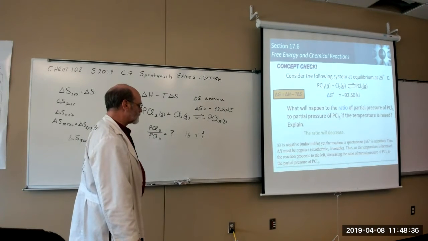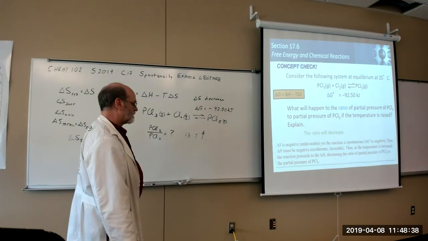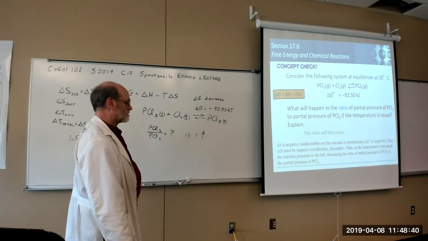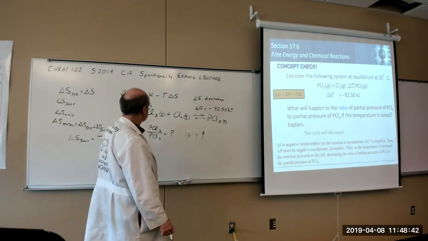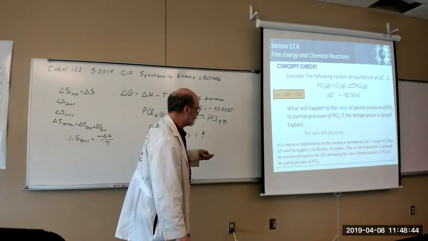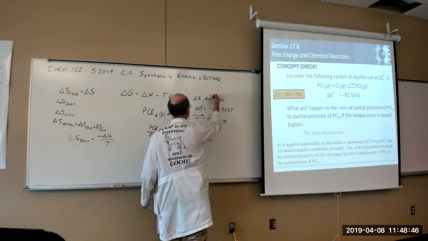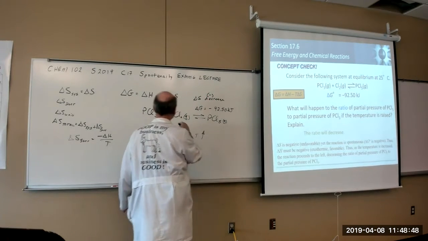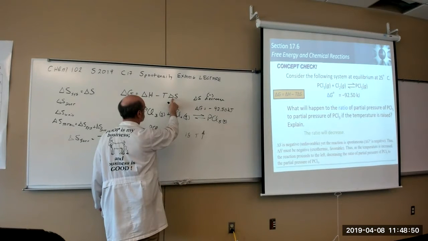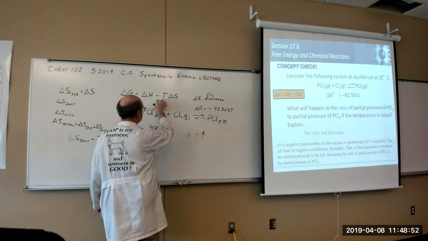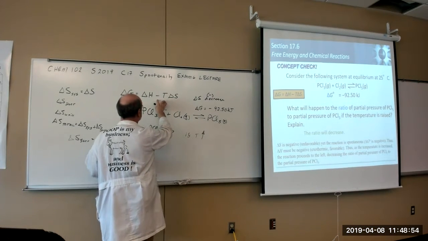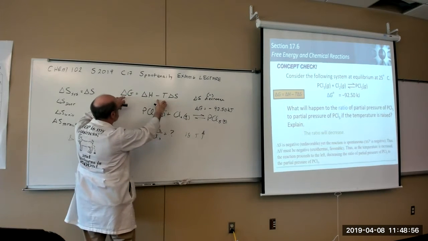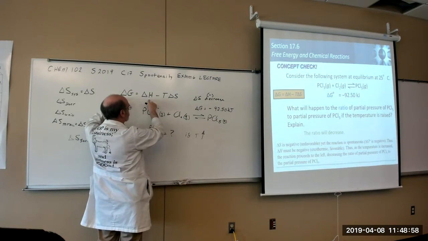Delta S is negative. If we put negative in here, we get a positive. But this is negative, so this one has to be more negative than that one.